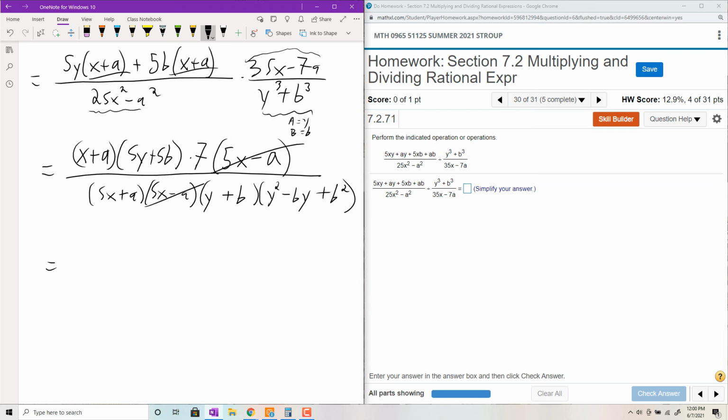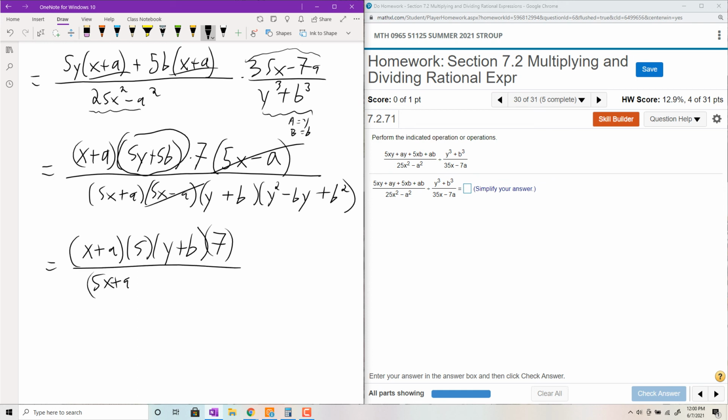The 5x minus a's are gone. Oh, you could pull out a 5 from this term right here. Okay, so let me do that. I have x plus a times 5 times y plus b times 7 all over 5x plus a times y plus b times y squared minus by plus b squared.